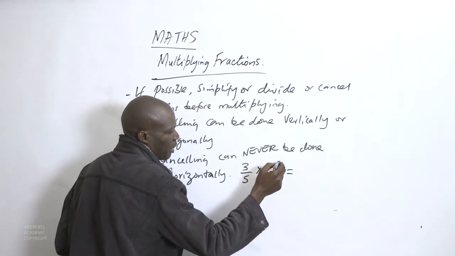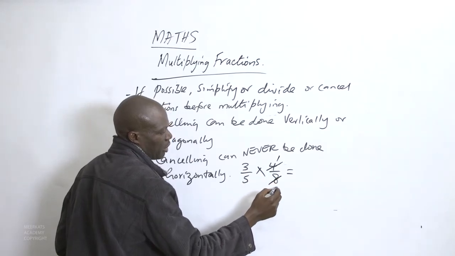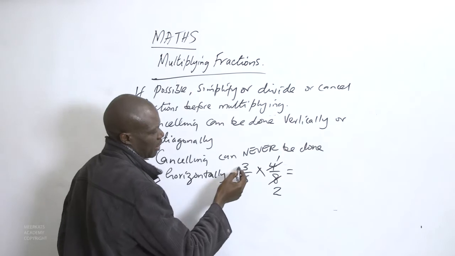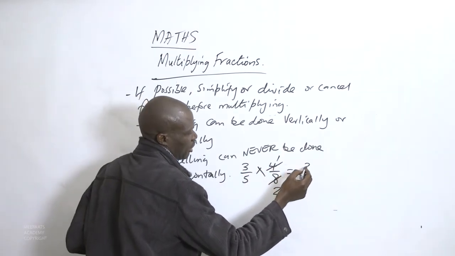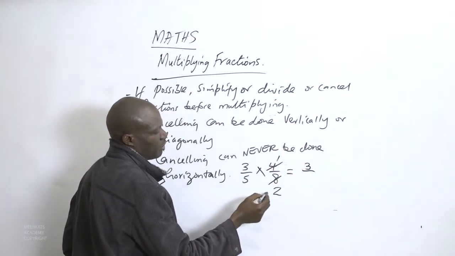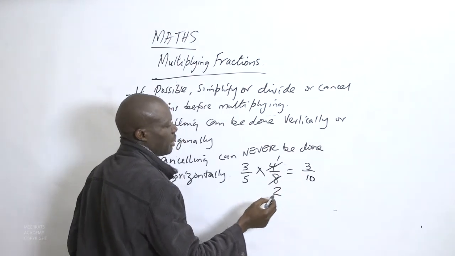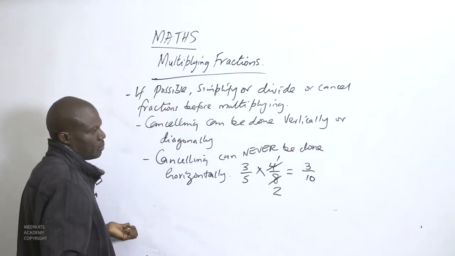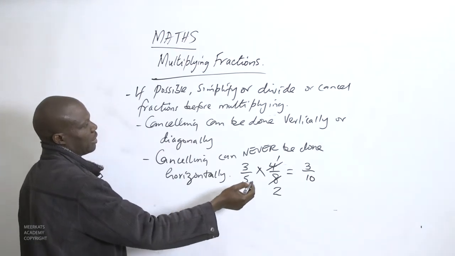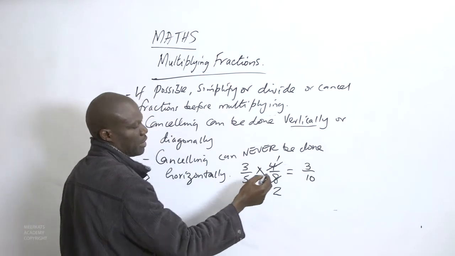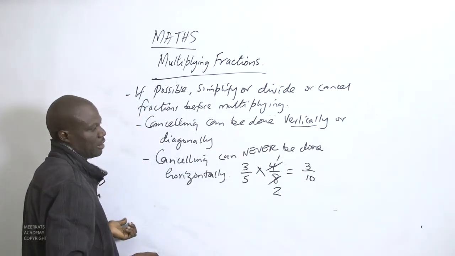So, 4 divided by 4 is 1, and 8 divided by 4 is 2. Then you move ahead, and 3 times 1 is 3 over 5 times 2 is 10. Here, we have cancelled vertically. This one is vertical cancellation.